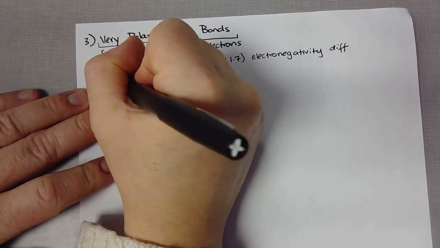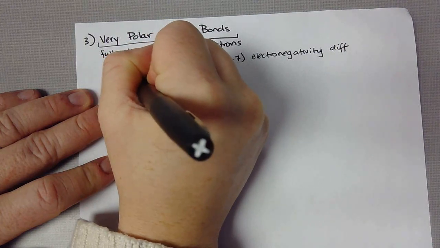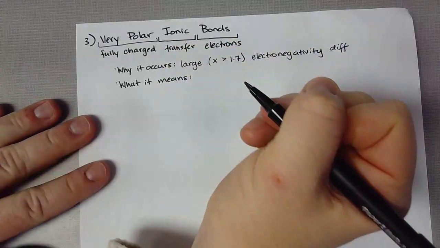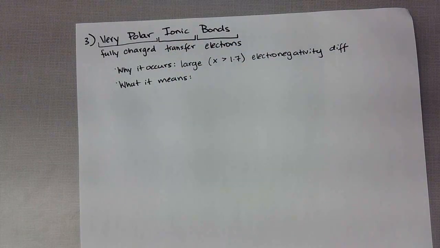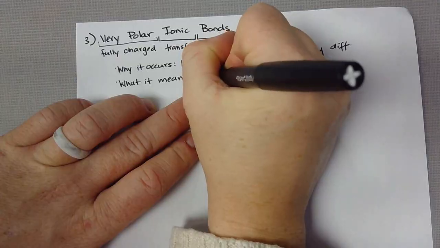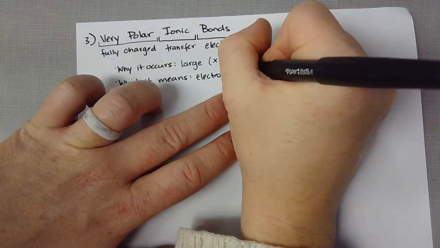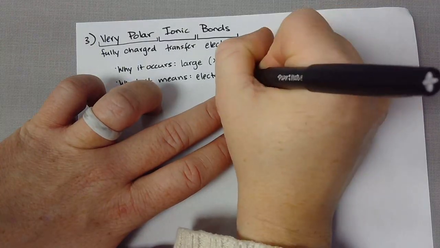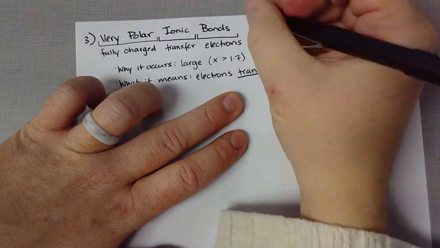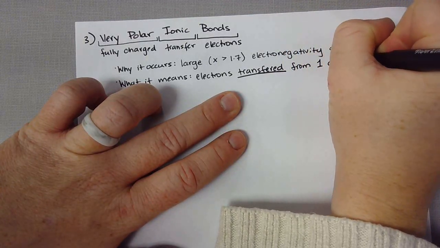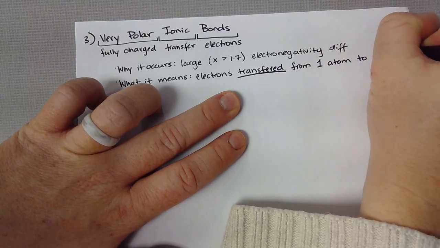What this means for the bond. Well, instead of sharing electrons, now these electrons are being transferred, which means they're being moved between atoms, or from one atom to another.